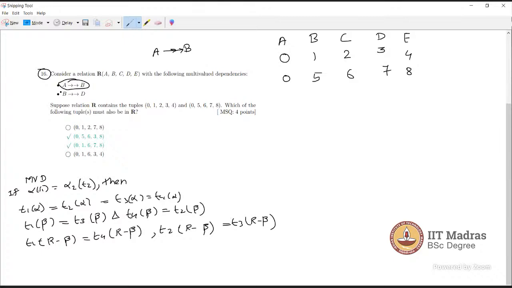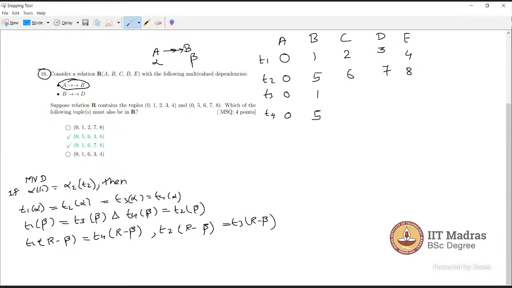Now here alpha is A and beta is B. If T1 alpha equals T2 alpha, we can check this condition, and there exist T3 and T4 such that alpha T1 equals alpha T3. So it is 0, 0. T1 beta equals T3 beta, so T1 beta is 1, T3 beta will be 1, and same for T4 and T2, that is 5.